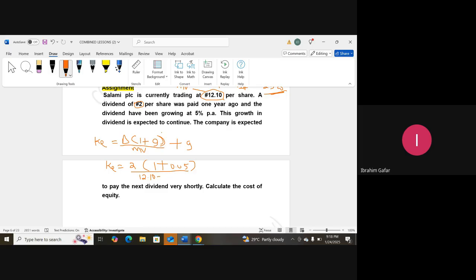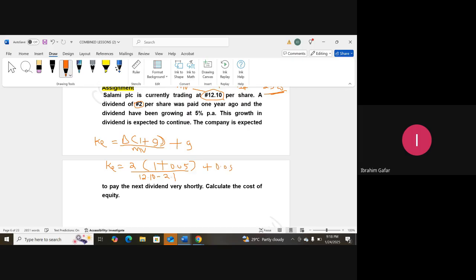So that should be 2 naira, 5% of 2 naira, that should be 2.1, because it has increased from that 2 naira. Then plus growth rate, which is 0.05.